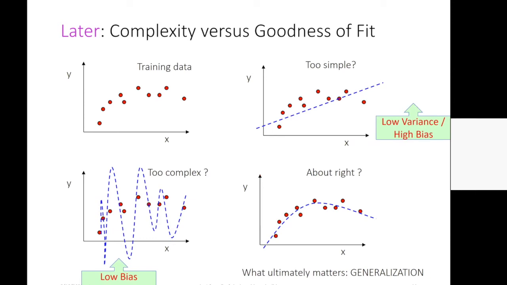These are the 3 cases we gave you in the beginning. We call this underfitting. The case of underfitting is caused by a high bias, low variance model. And overfitting is because your model has too high variance.